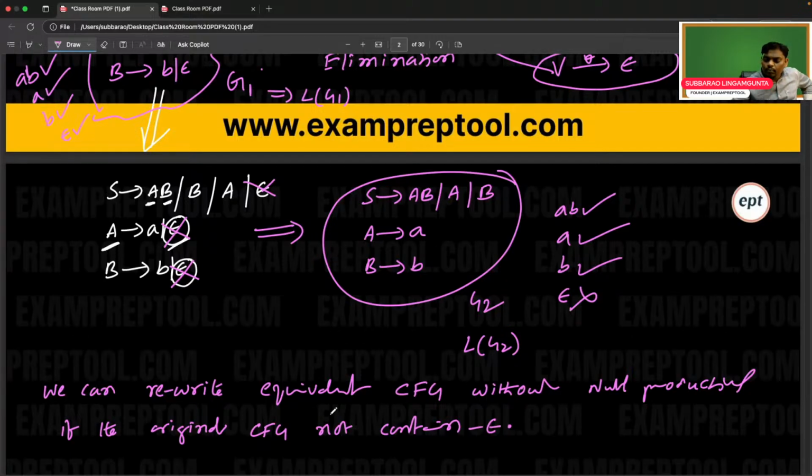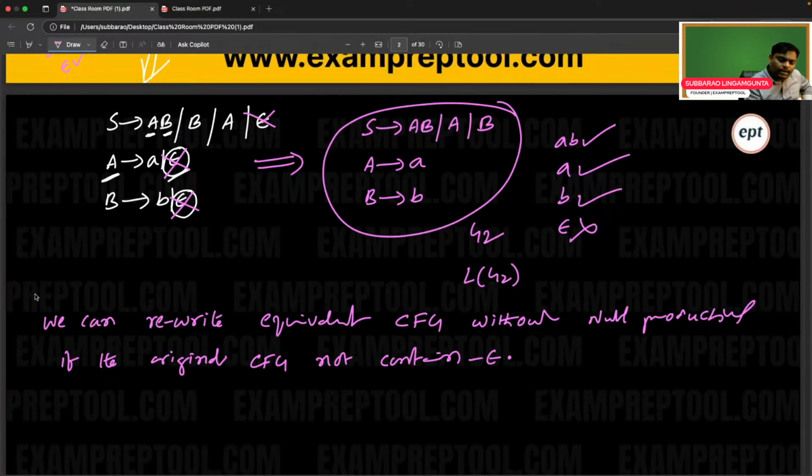It's a very, very important point. We can write the equivalent one only when, before elimination, in the original grammar there is no epsilon. In the original grammar, epsilon is not generating.